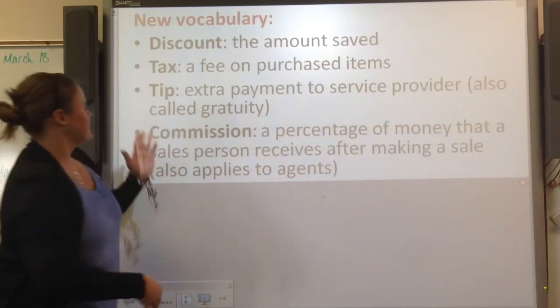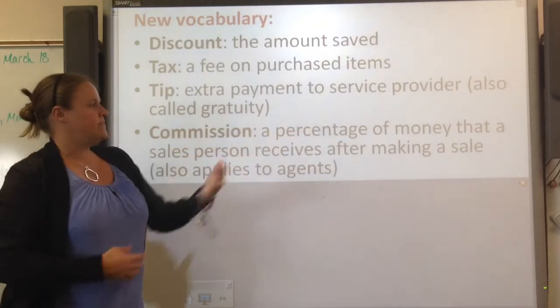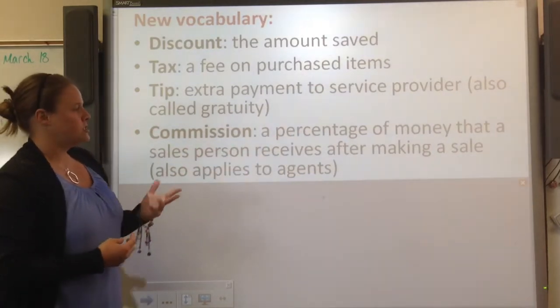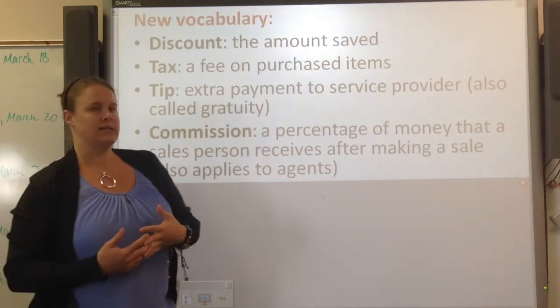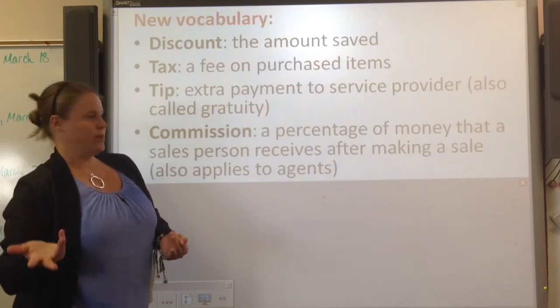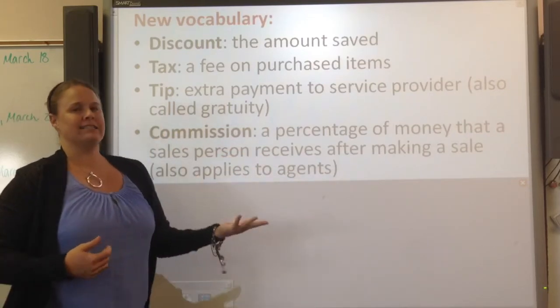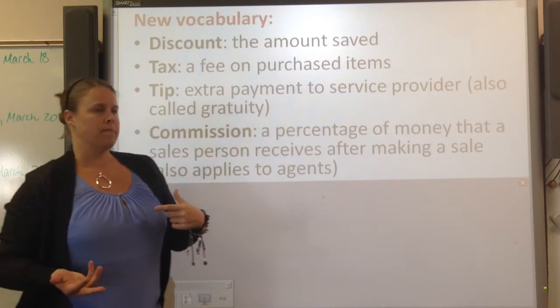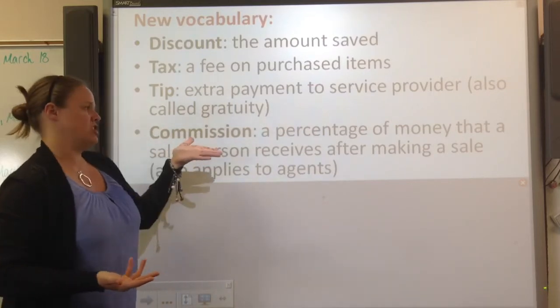The next one is commission. This is getting into jobs where a person earns a percentage of the money after making a sale, and it also applies to agents. If you go buy a car this weekend, good luck on that, the person selling you that car is going to make a percent of the sales, and that's called the commission.